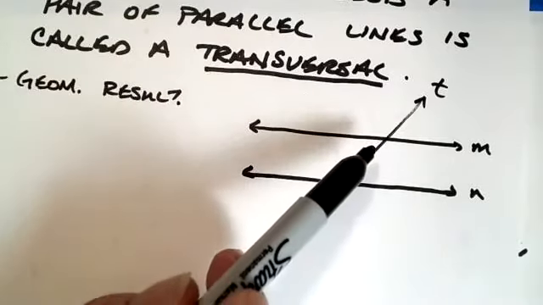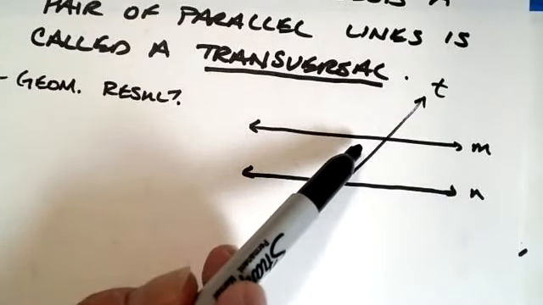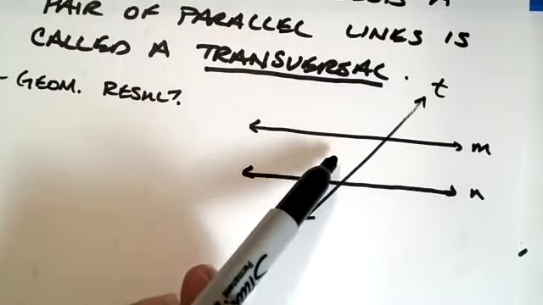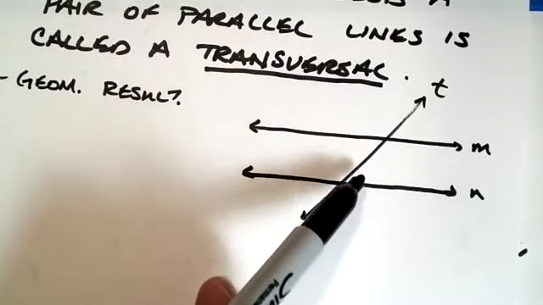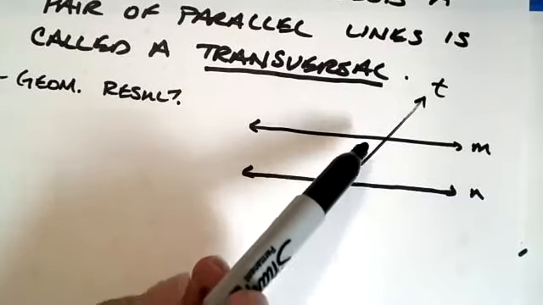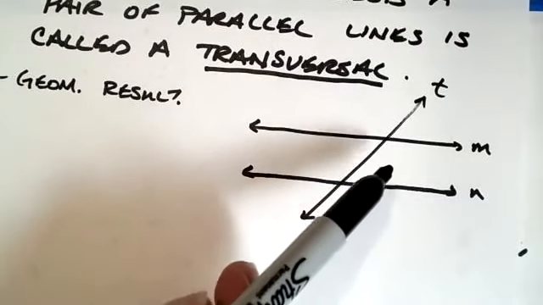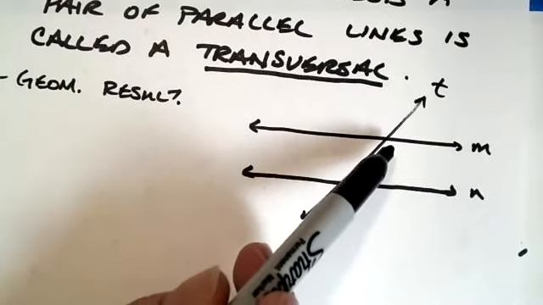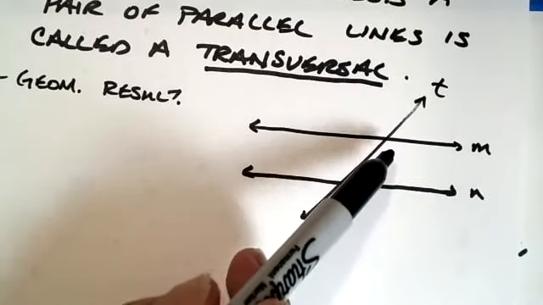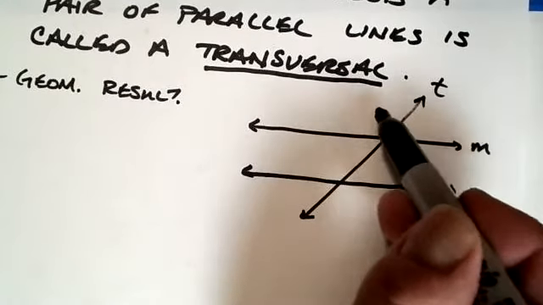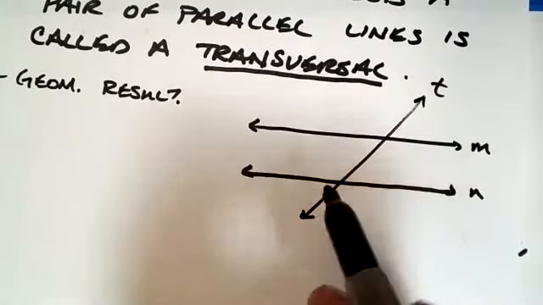And this angle up here and this angle down here are alternate, meaning they're on either side of the transversal, so they're alternate interior angles. They form an alternate interior angle pair, but this angle and this angle also form an alternate interior angle pair. And then, of course, you have vertical angles here, here, here, and here.